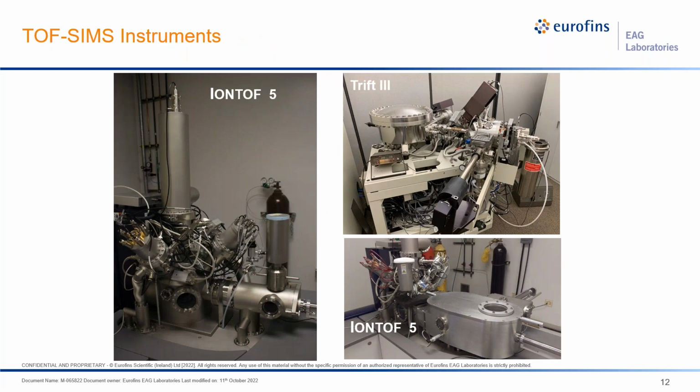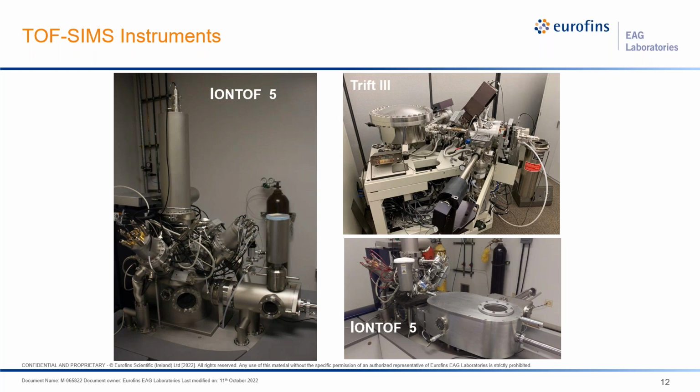Here's a picture of the 3 instruments that we have in the US. The top right instrument is the one we have here in Minnesota. It's called the TRIF3. It's made by Physical Electronics, also in Minnesota. It uses a gold ion beam and a TRIF analyzer.